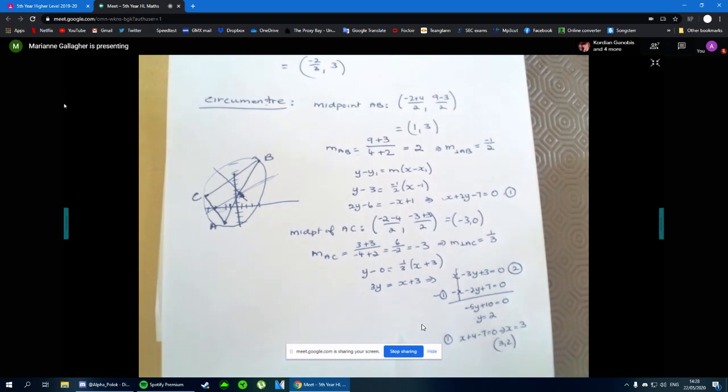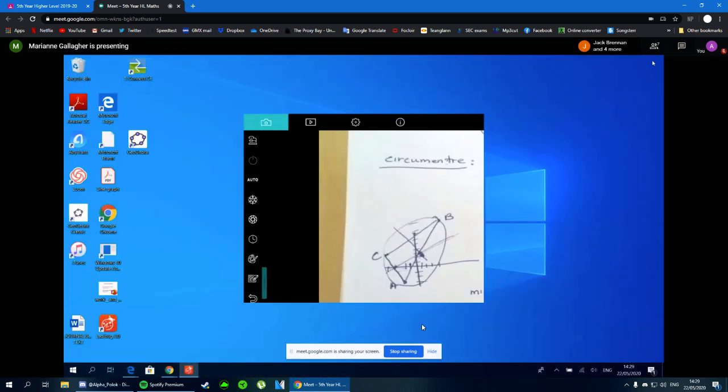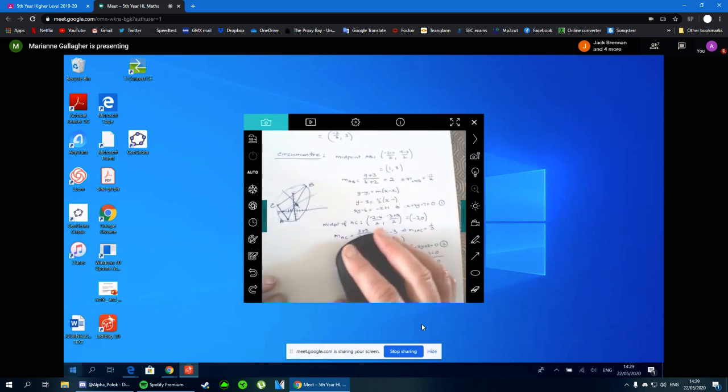You know how to find the midpoint, you know how to get the slope, you know how to get the equation of the line, and you know how to do simultaneous equations. So I'll do a video of finding the centers separately to go along with the notes, because it's a bit long-winded, but it's not actually difficult per se. There's no hard maths in it. It's just a pain in the neck.